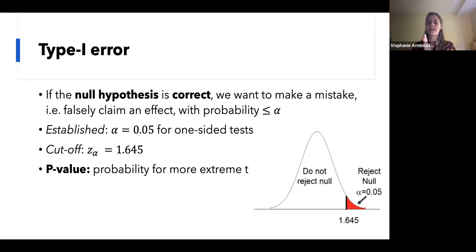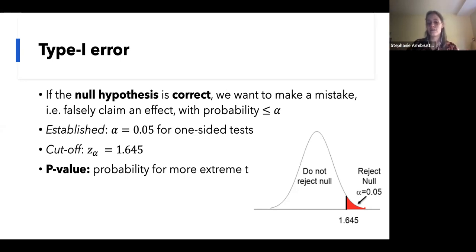Say that I measured my blood pressure across my groups and computed the t, and the t is larger than the cutoff, larger than 1.645. Then the probability of being even more extreme under the assumption of the null would be less than 0.05.